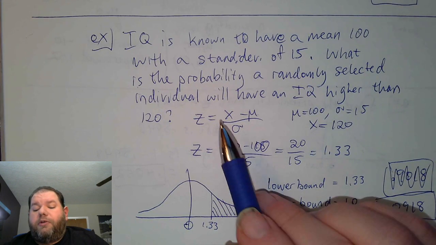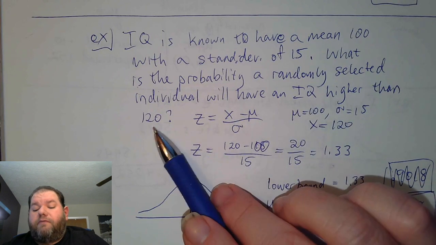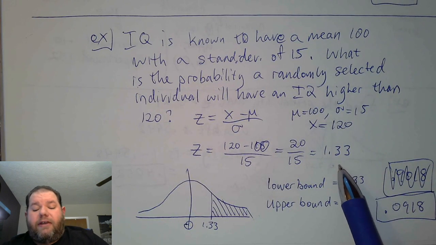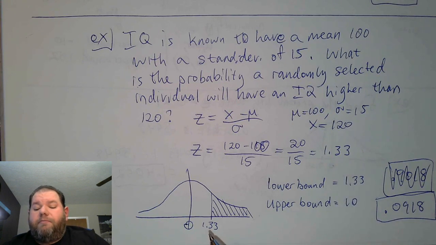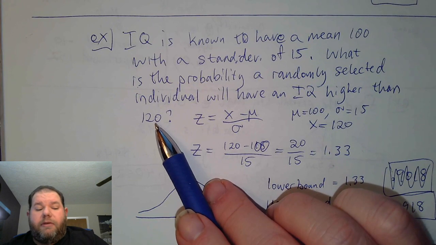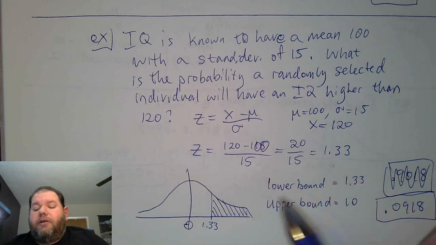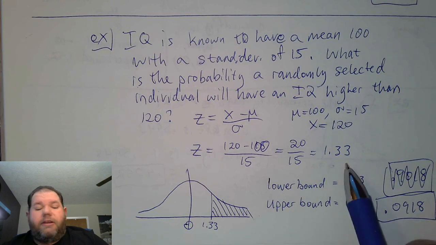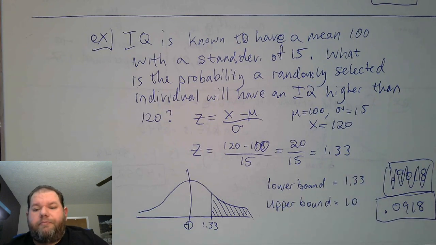But it's important that we change our data value to a z-score, because we can't plug in 120 and expect to get anything reasonable from the calculator. It generally has to be a number between -3 and +3 for it to be a meaningful result. And that's why we standardize it.